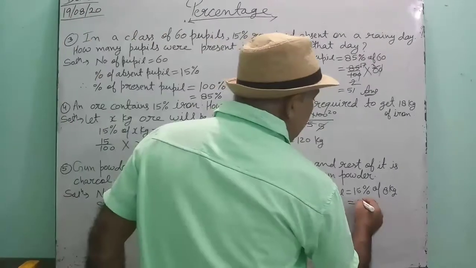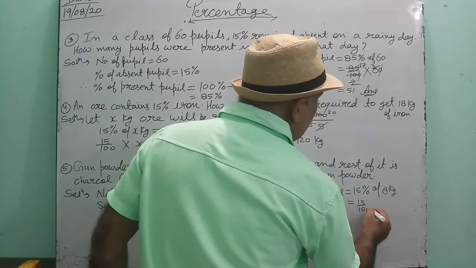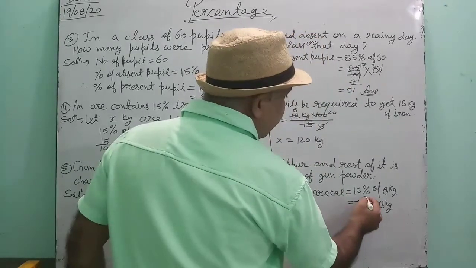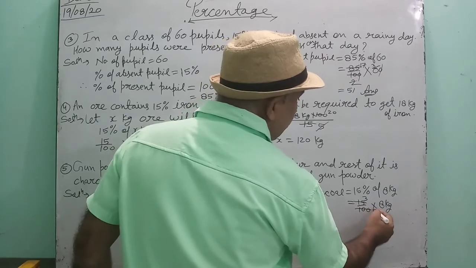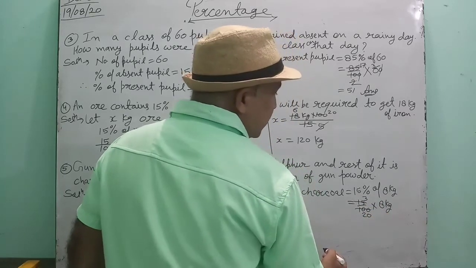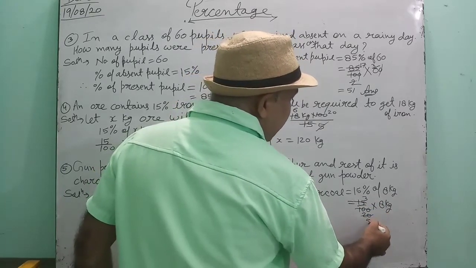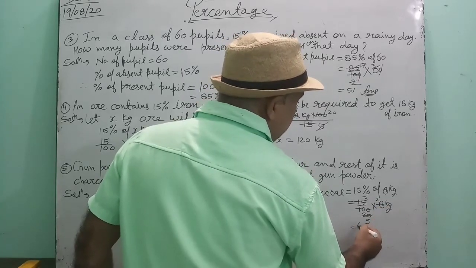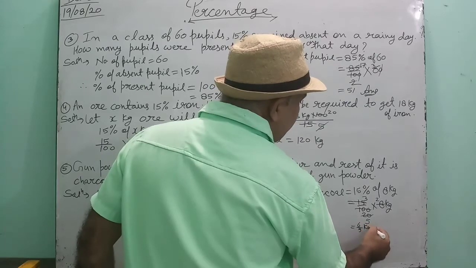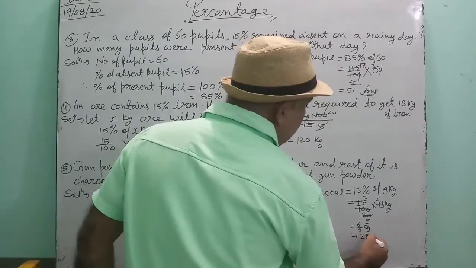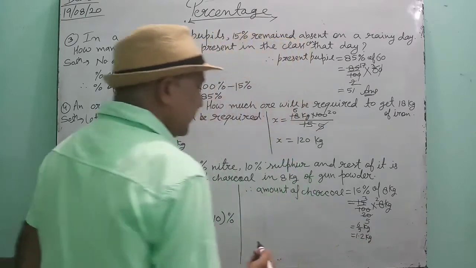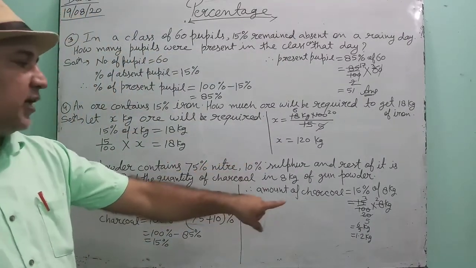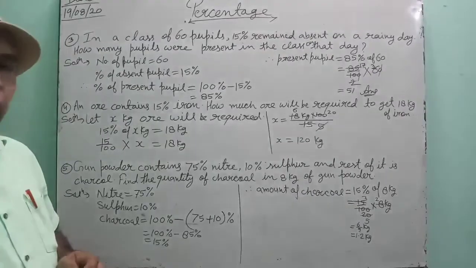Now solve. 15% means 15 upon 100, of means multiply. 5 dividing 15 by 3 times, 5 dividing 100 by 20 times, 4 dividing 20 by 5 times, 4 dividing 8 by 2 times, 6 by 5 kg means 1.2 kg. That means in 8 kg of gunpowder, 1.2 kg charcoal is there.